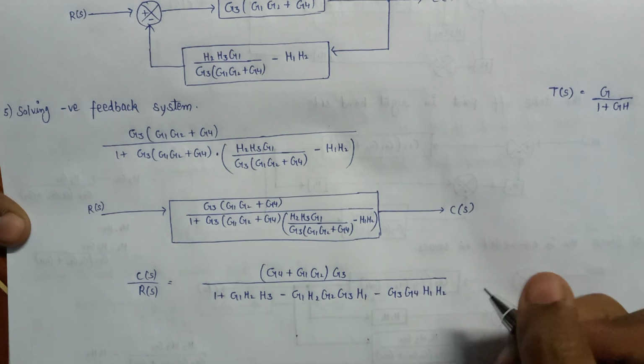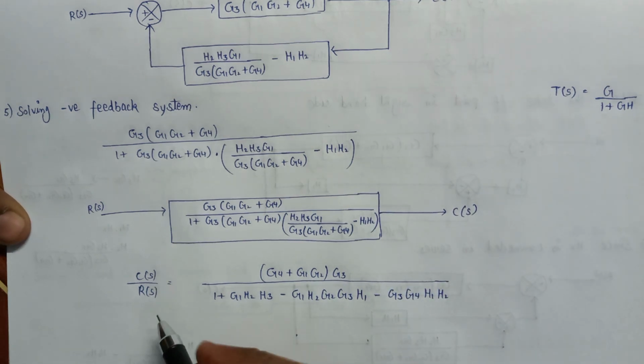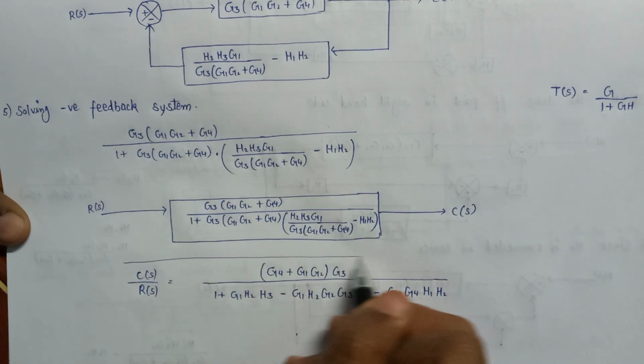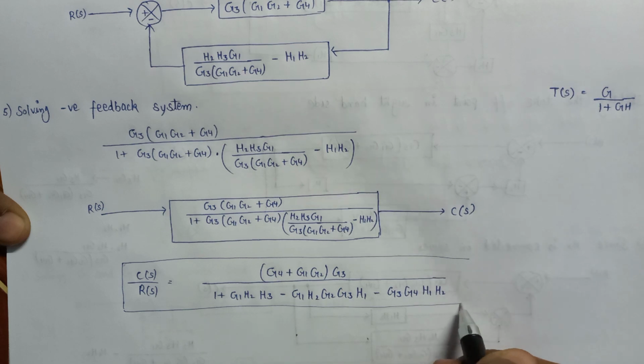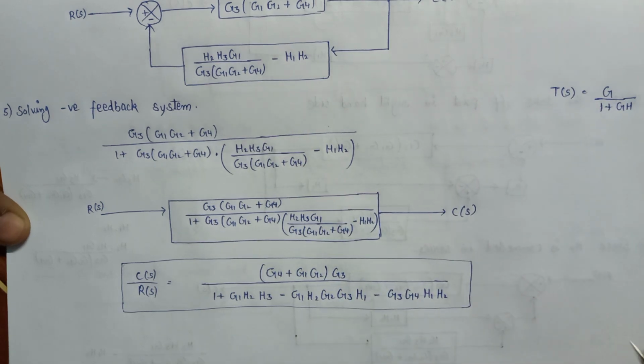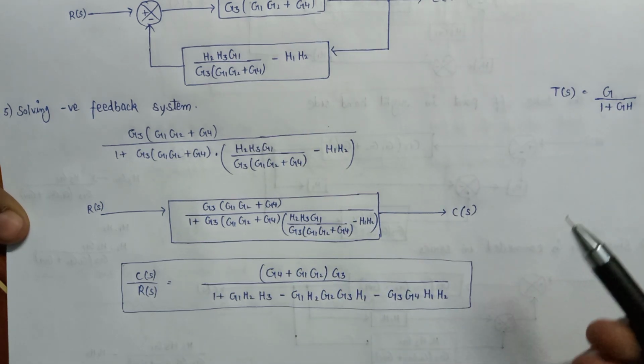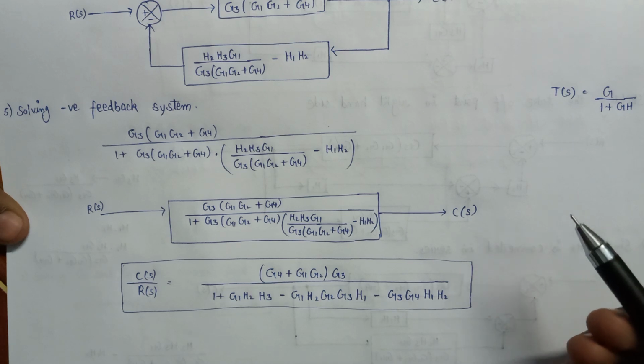So this is the C of S over R of S ratio, and it is our final result that we need to calculate according to the question. So in this way, with the help of the block diagram reduction technique, we can easily solve our questions.